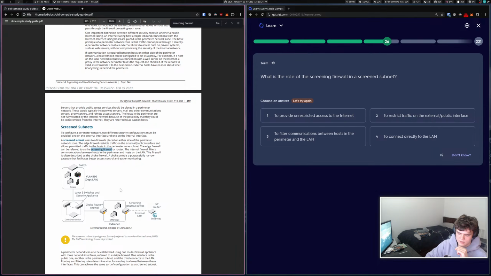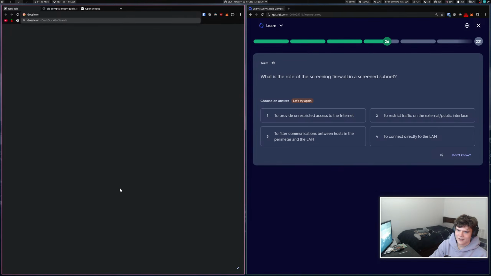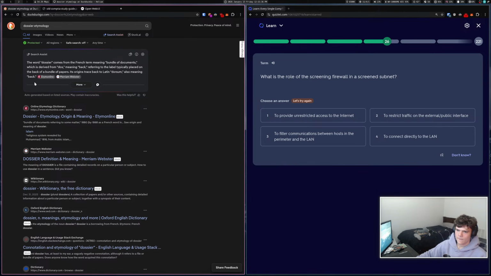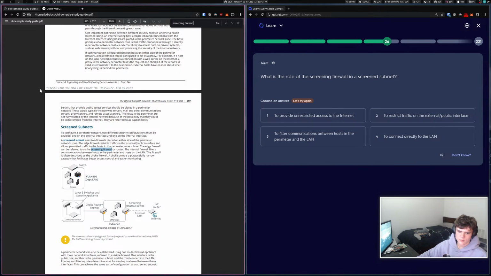It's a Dutch word too. Oh, like the word dossier is Dutch? Oh, like it's a word in Dutch? I see.